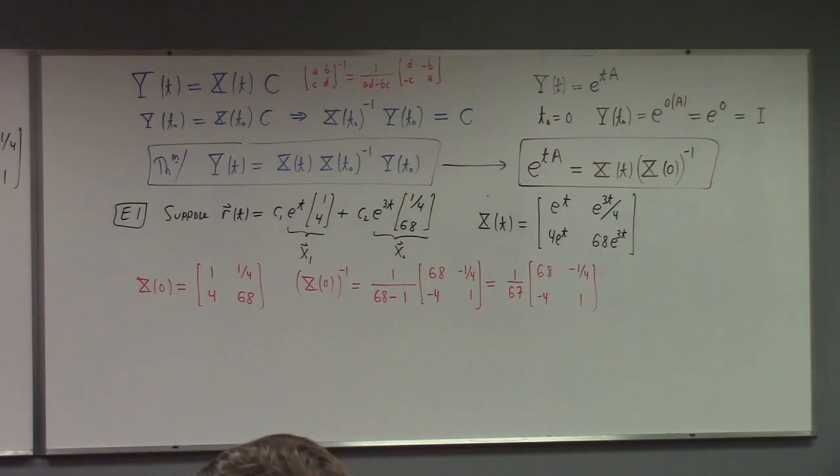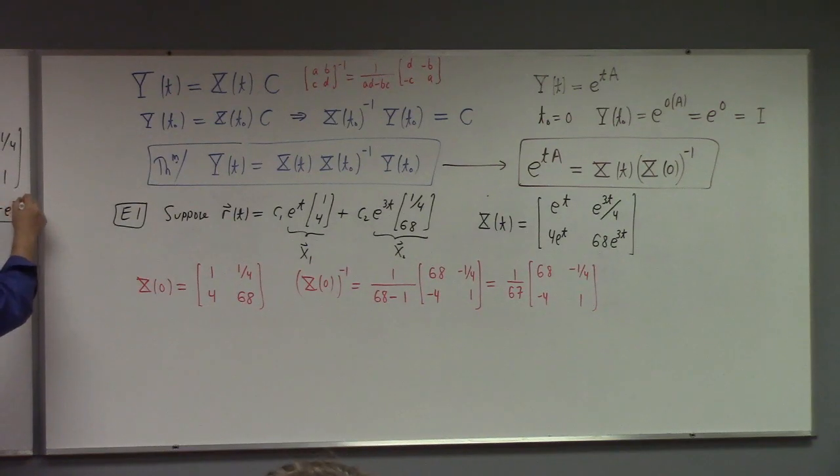And so what do we get here? 1 over 67, 68 e to the t minus e to the 3t, and then minus 1/4 e to the t plus 1/4 e to the 3t.